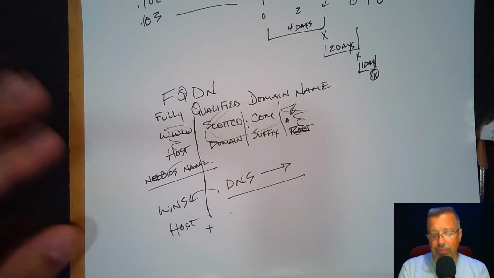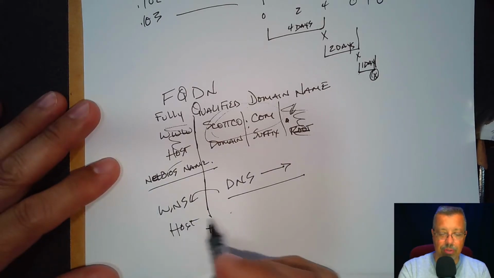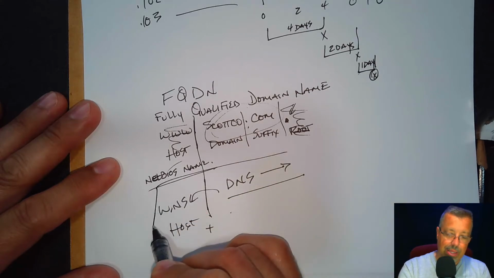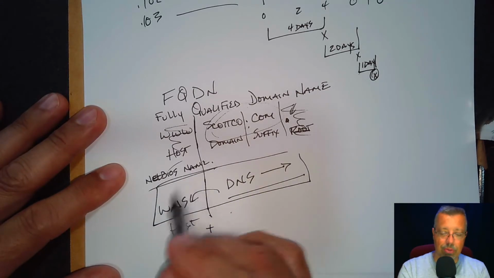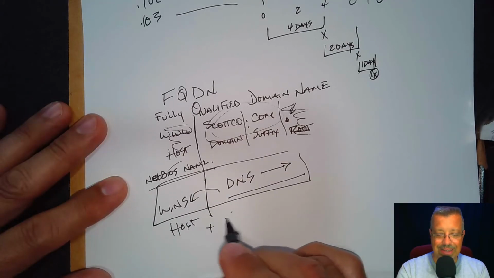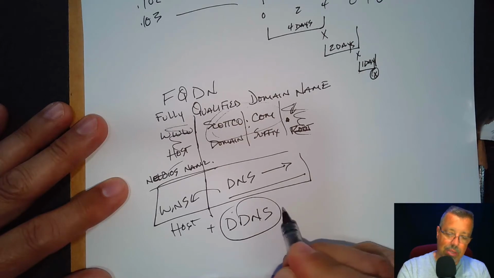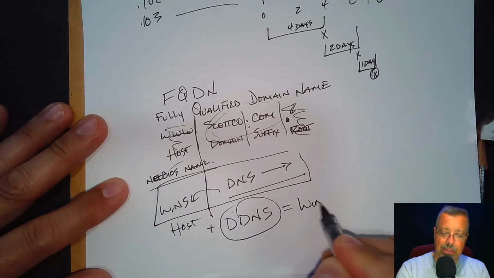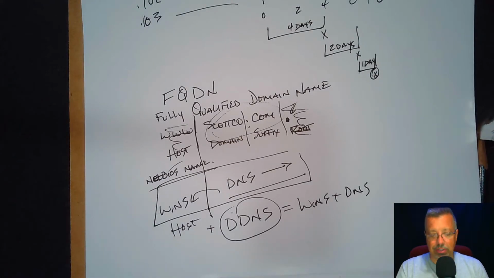So Microsoft just decided it's kind of the same thing anyway, so why don't we just take DNS and make it so that it can do this dynamic resolution automatically? So dynamic DNS actually equals WINS plus DNS. What used to be WINS plus DNS.